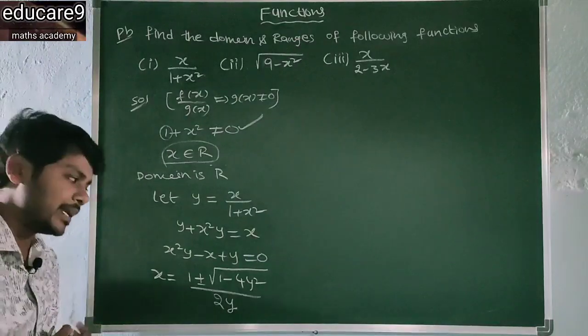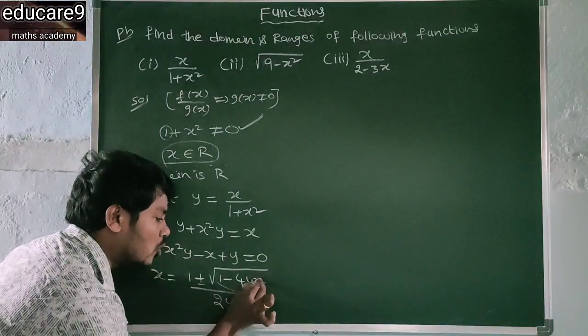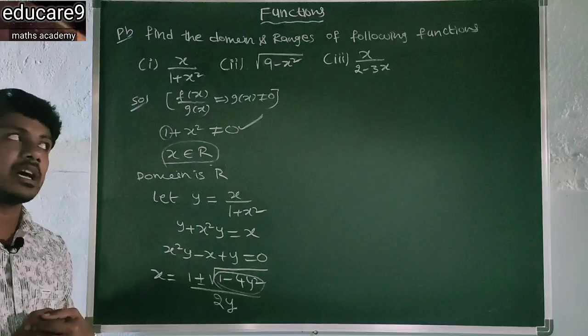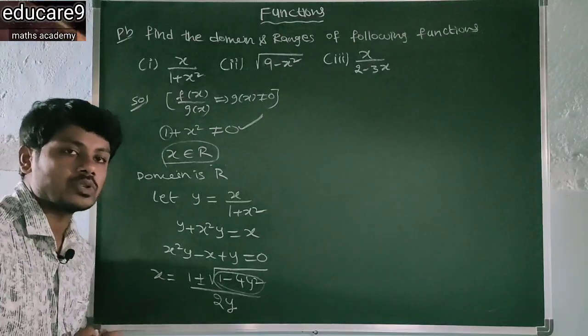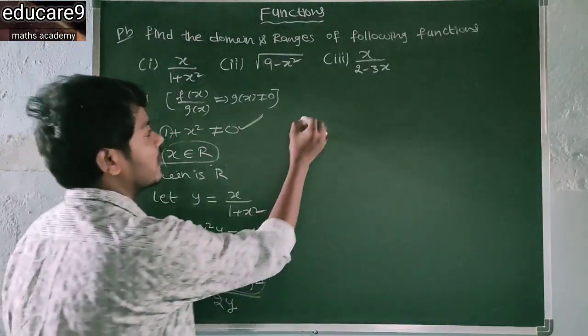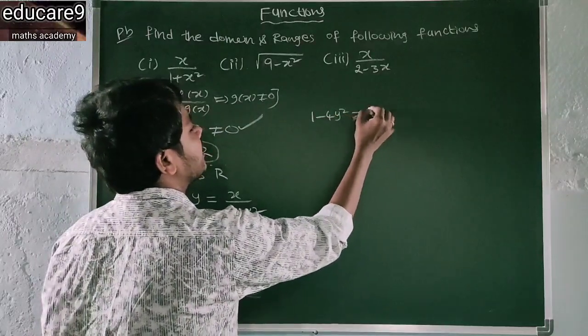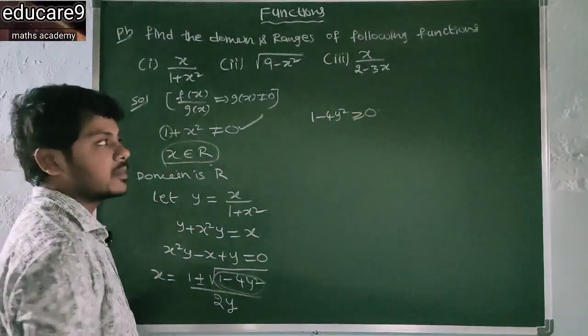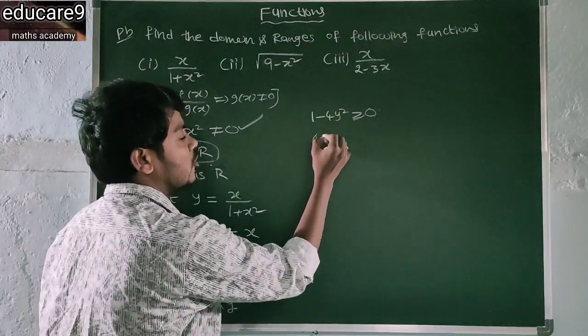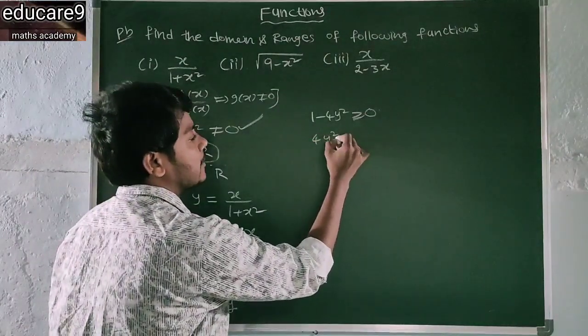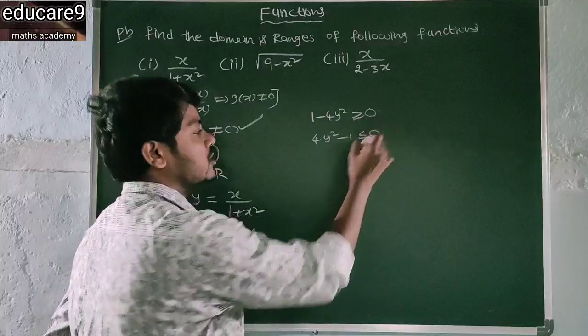So what are the domain conditions? Root of f of x values are greater than or equal to 0. So therefore 1 minus 4y square is greater than or equal to 0. From this, 4y square minus 1 is less than or equal to 0.